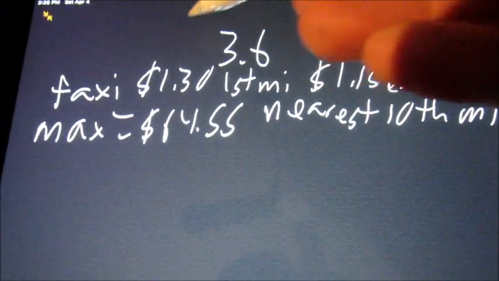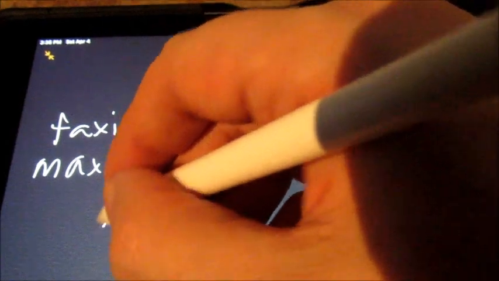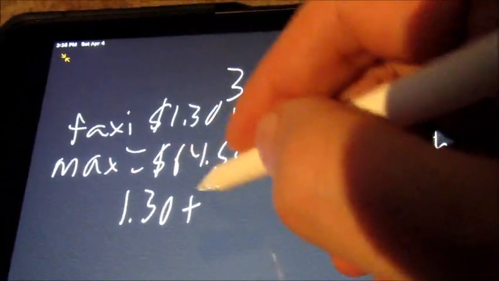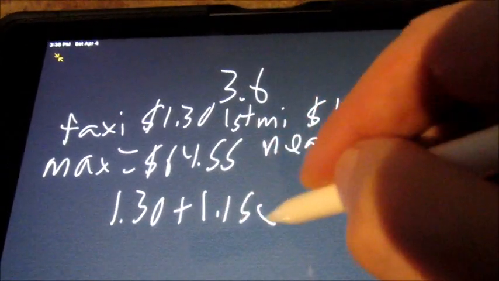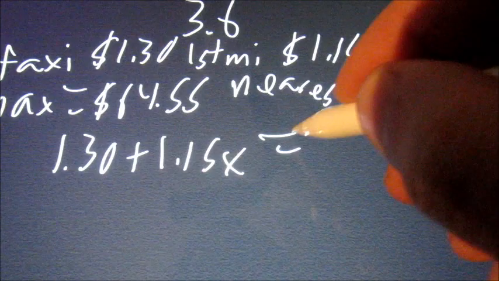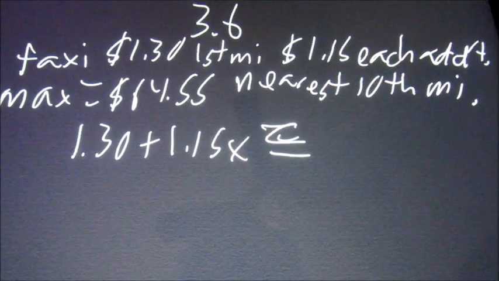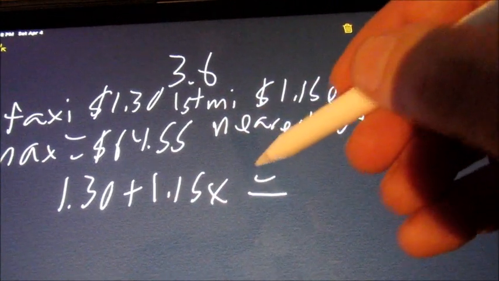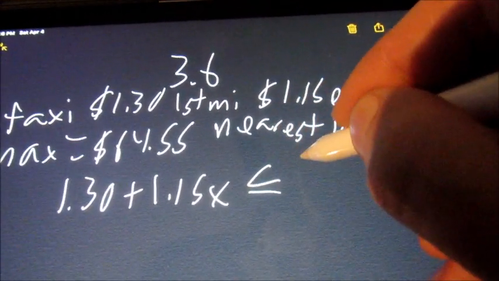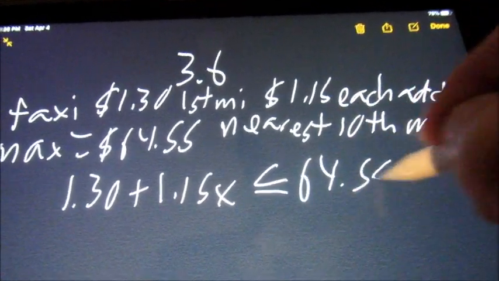Okay, so what we know is that we're going to spend $1.30 on the first mile, plus $1.15 times every mile that we're trying to find, and we have the total, and that's less than or equal to $64.55.